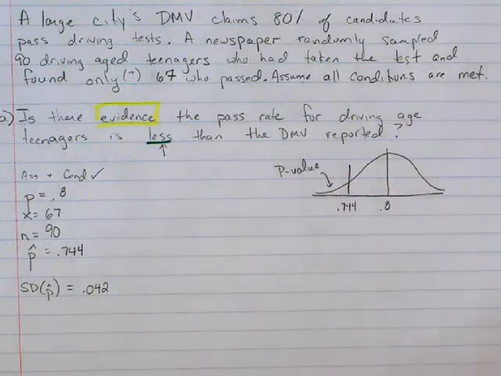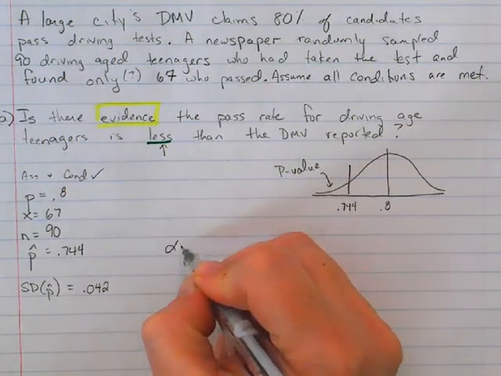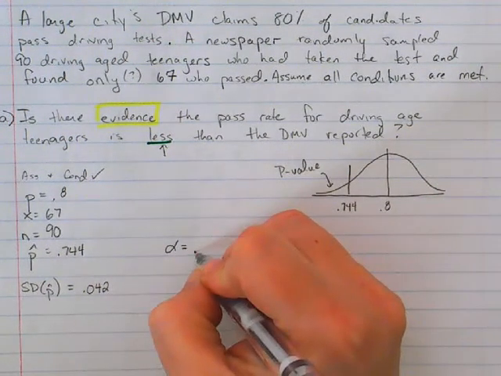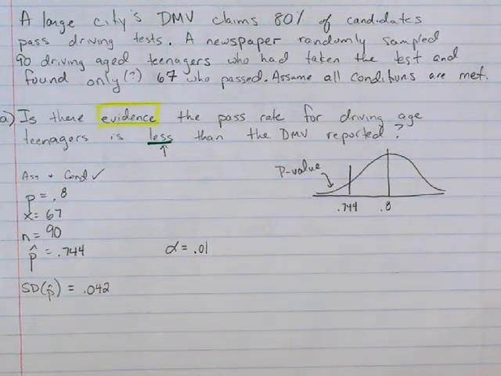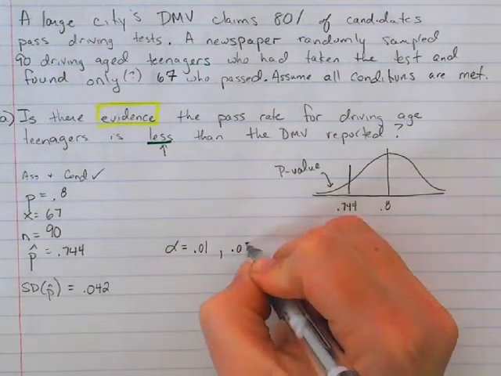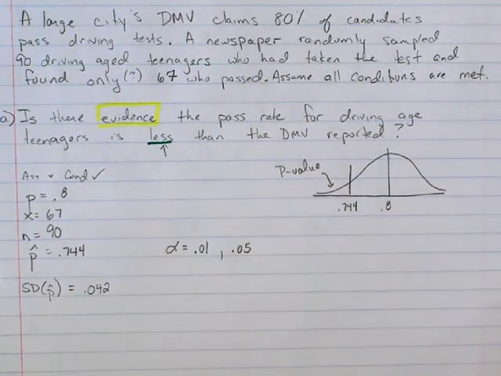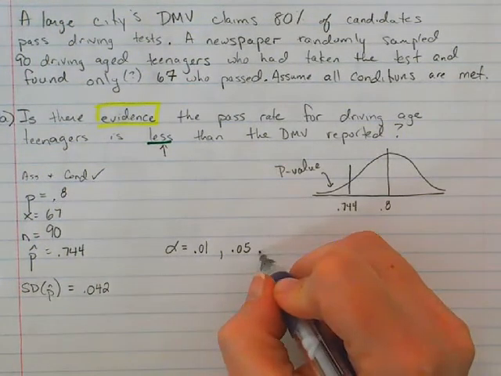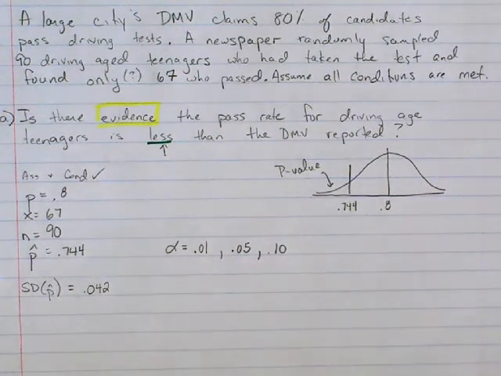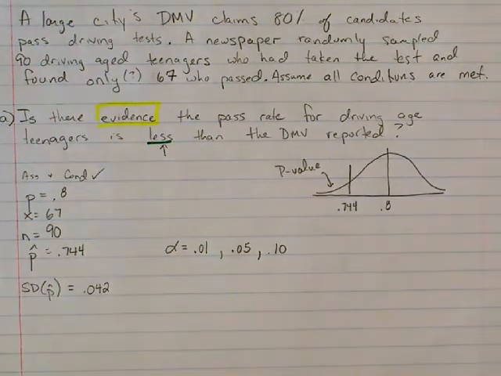Here's where alpha kicks in. Because alpha is not given to us, we may choose. Our alpha levels correspond to our confidence interval levels. I either have a 1% alpha level, which is a 99% confidence interval, a 5% alpha, which is a 95% confidence interval, or a 10% alpha, which is a 90% confidence interval.